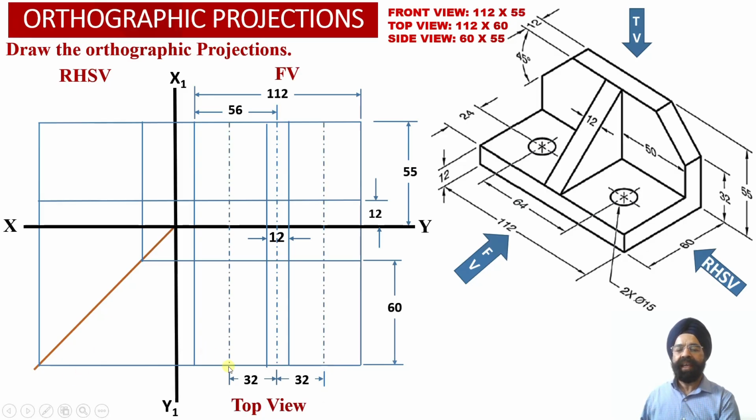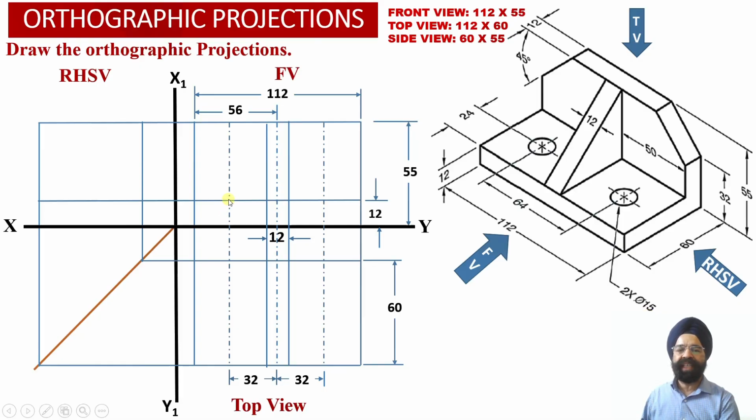And again, two center lines we have been able to obtain into the front view projections, and we have extended the center lines into the top view projections as well. So this way we have been able to locate the centers corresponding to hole number 1 and hole number 2 into the front view projections over here. And now we know that the diameter of the hole is equal to 15 millimeter.